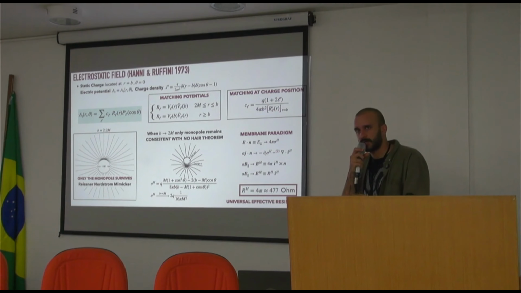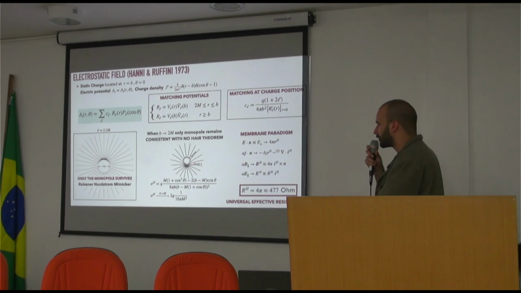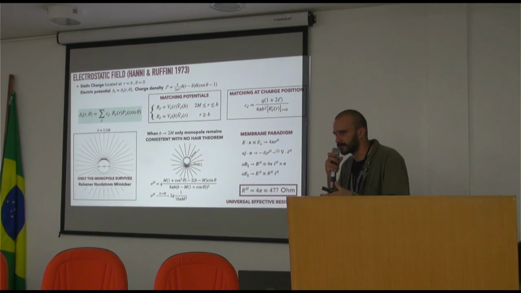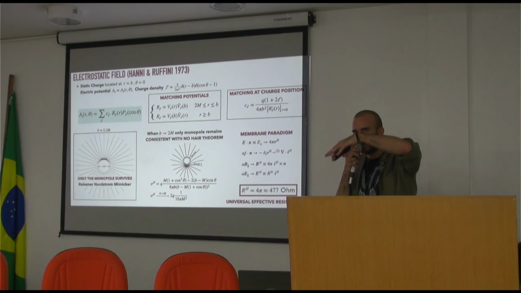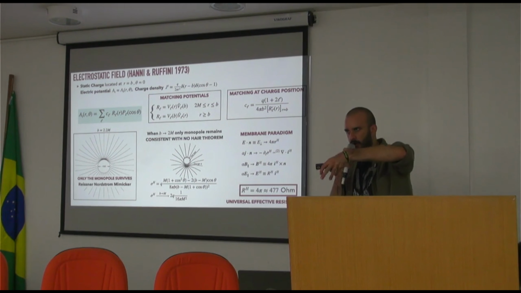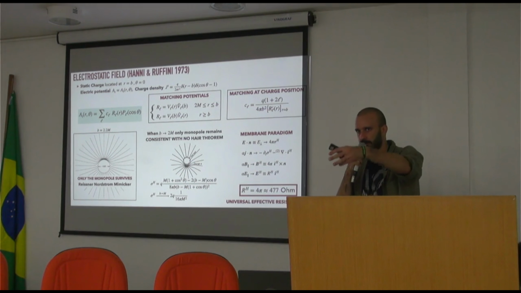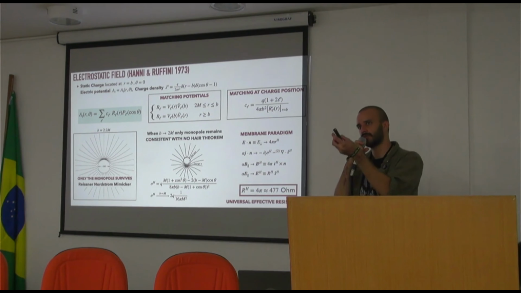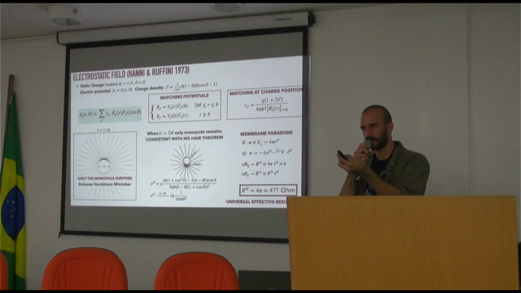At the beginning, this membrane paradigm was considered to be a possible explanation for the Blandford-Znajek mechanism, in the sense that if the black hole is characterized by a certain surface, then the magnetic field lines that attach at this surface generate a torque over the surface of the rotating black hole, and this torque is what extracts the energy from the black hole.